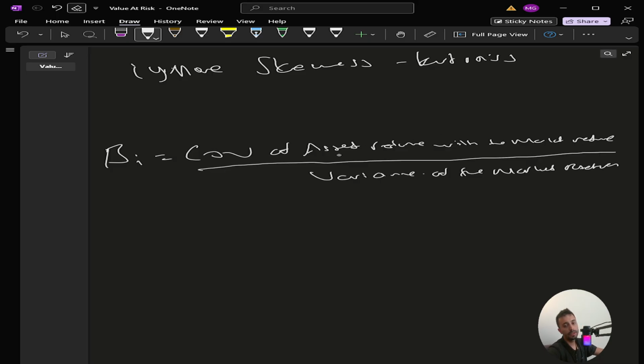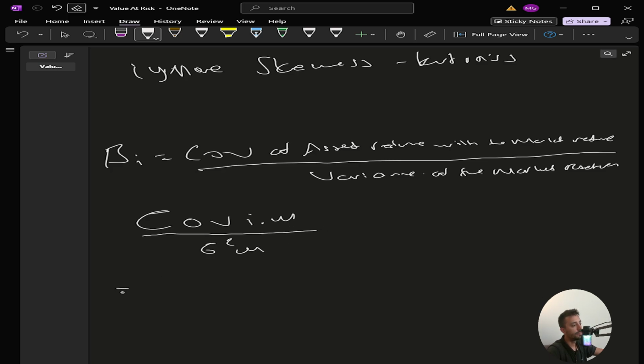What does that mean? You need to have the covariance of the asset return with the market return, then divide it by the variance of the market return. You'll get beta here. This is covariance of asset and market divided by variance of the market.